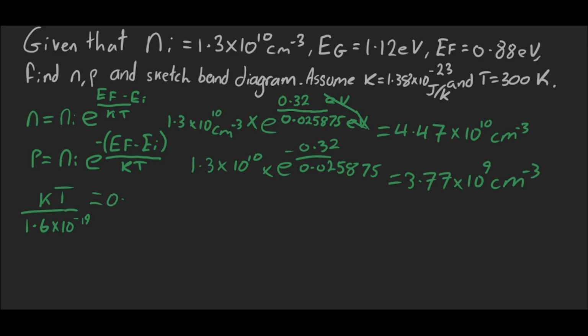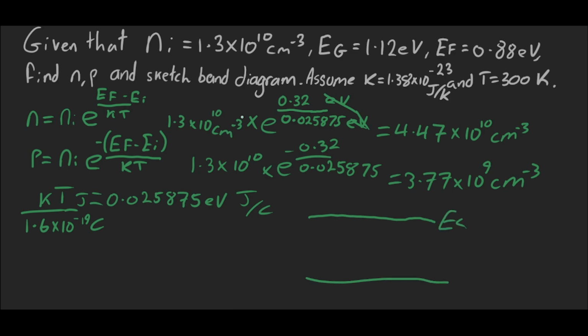That gives us 0.025875 electron volts, because electron volts are equivalent to joules per coulomb. That's the units there. That all checks out.